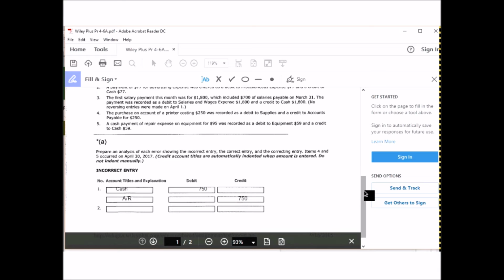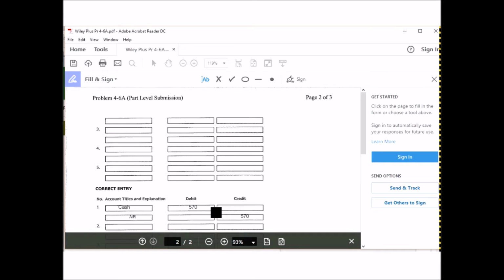Now, underneath that $750, I want to skip a line or so, and draw a total line. And underneath the total line, I want the cash to show a debit of $570, and my AR to show a credit under its total line of $570.